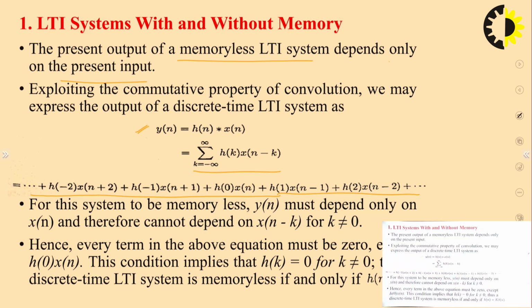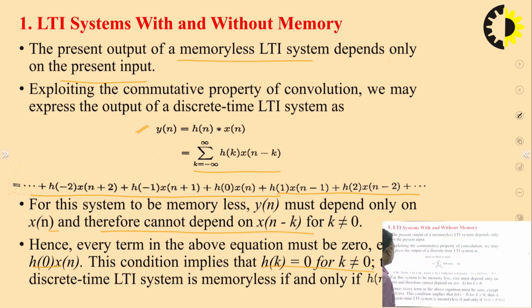For the system to be memoryless, y[n] must depend only on x[n], the present input, and cannot depend upon x[n minus k], where k may be negative or positive, other than 0, because for 0 your input gets multiplied from here. Hence every term in the equation must be 0 except h[0] times x[n]. This condition implies that h[k] equals 0 for k not equal to 0.